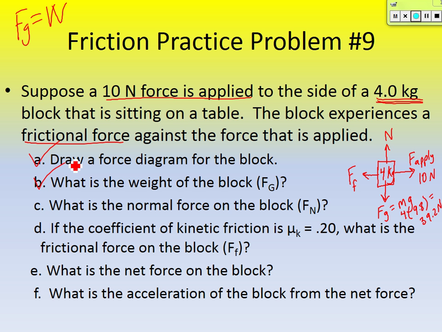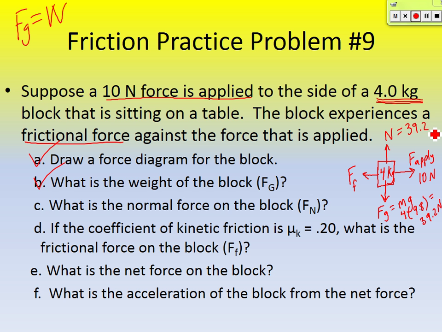Now let's go to C. What is the normal force acting on this block? Good. Yeah, it's not moving up and down, it's at rest. So we know that the forces have to be balanced. That's according to Newton's first law, right? So that's 39.2. Newton's first law, object at rest will stay at rest unless it's acted upon by a net force.